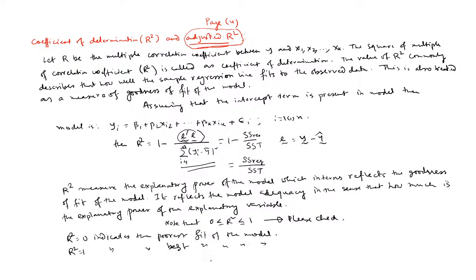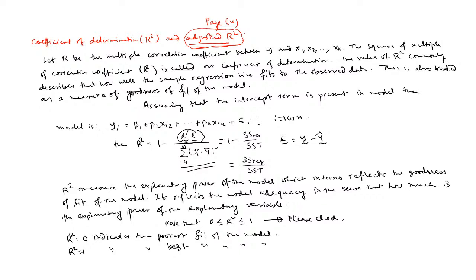So if R square tends to 1, that means the value of R square is very close to 1, this indicates the best fit of the model, and R square very close to 0 means the poorest fit of the model.